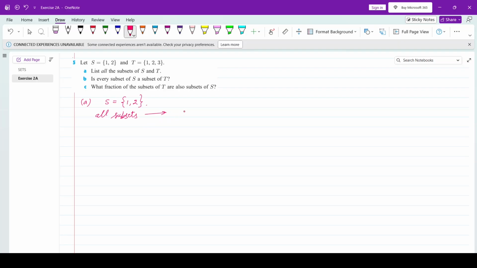That means this or this, both of them mean the same thing. So either this or this is a subset, then {1} is a subset, {2} is a subset, and {1, 2} is a subset. So this is for S.